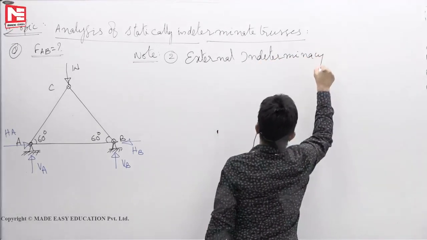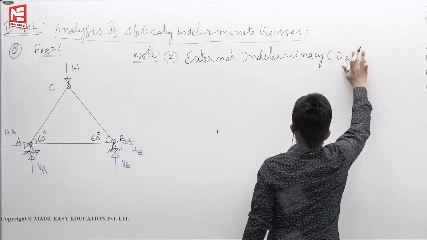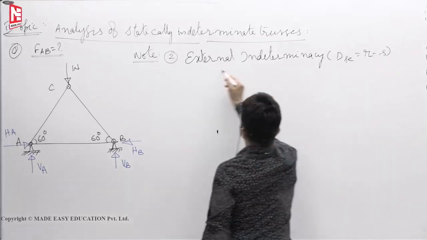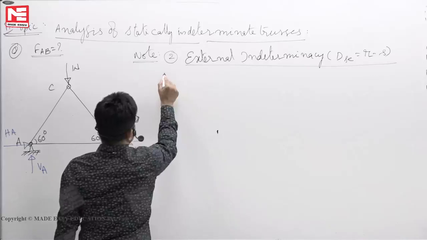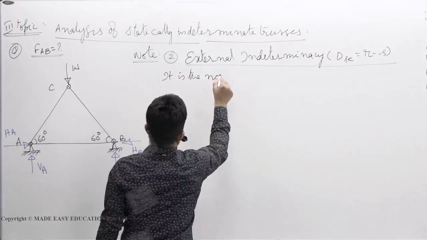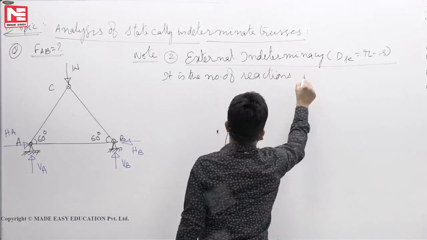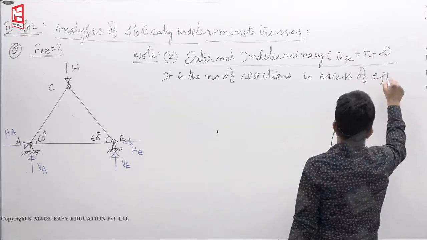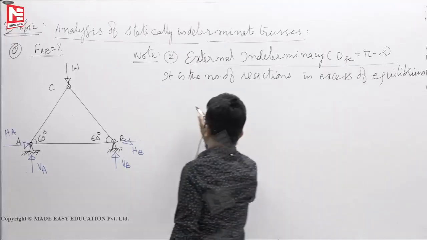External indeterminacy, DSE. DSE is nothing but R minus S. What external indeterminacy means is the number of reactions in excess of equilibrium equations.